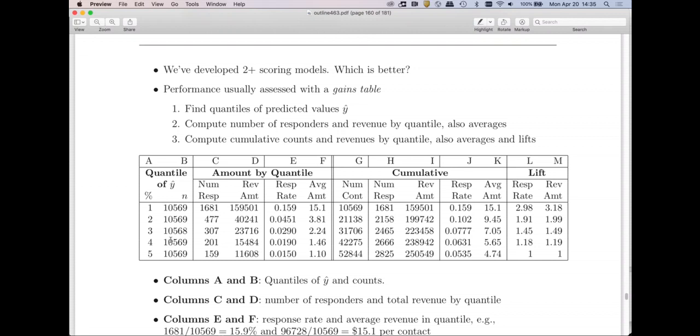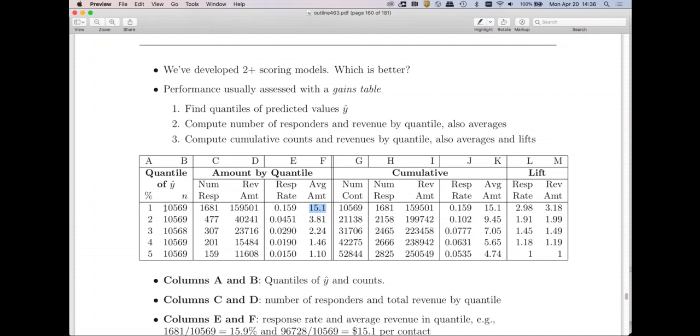All right, the next column just totals up the amount spent by those customers. So these 1,681 responders spent about $160,000. Now, if I divide $160,000 by 10,569, I'm getting about $15.10 per contacted customer in that first decile.